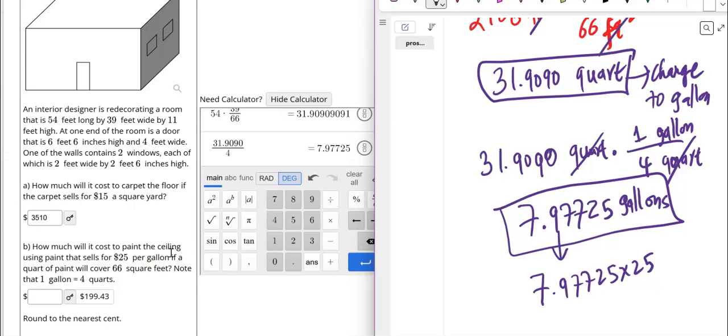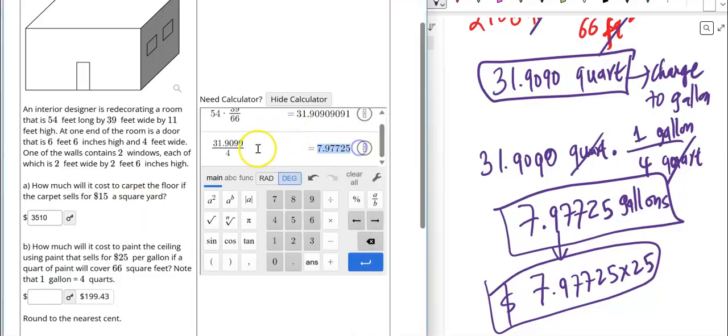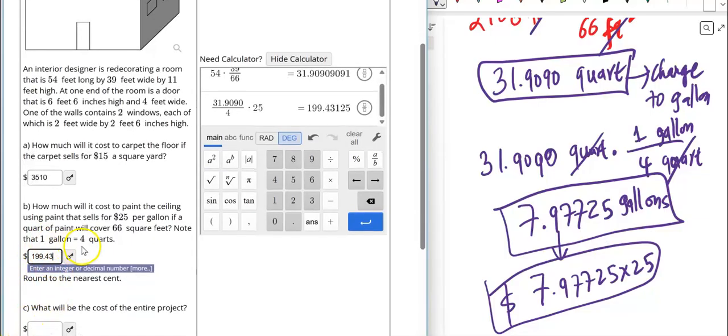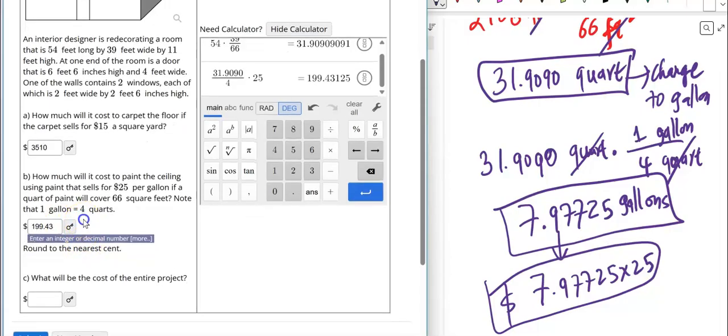That much money I need to paint this ceiling. Multiply this number by 25, and you get $199.43. That's the cost to paint the ceiling.